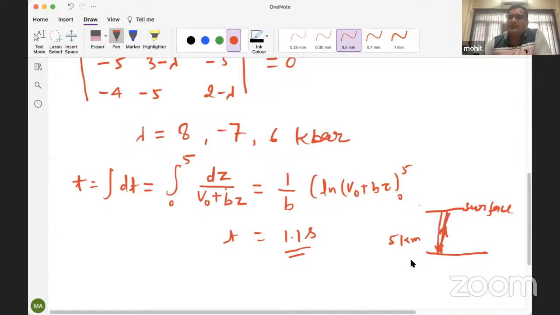So the total time will be twice of what we got, equal to 2.2 seconds. Likewise, we can solve the question.